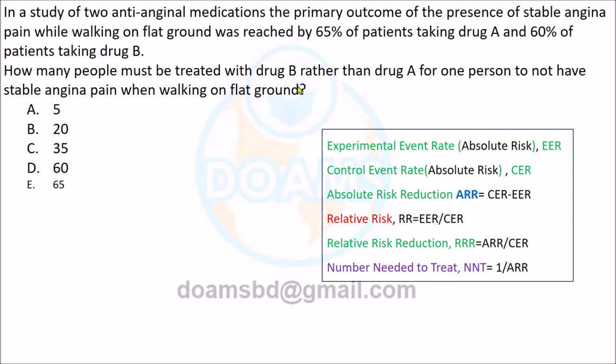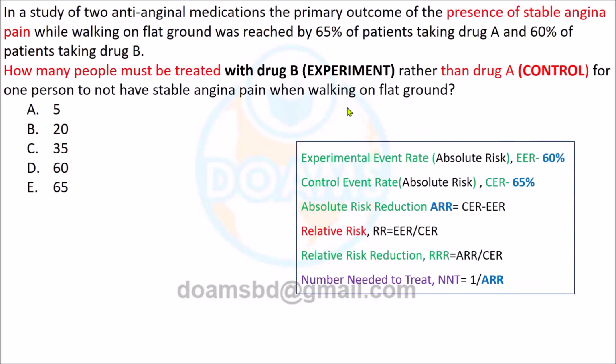B. Doctor? If the experiment is B, it is 60%, is not it? Yes. And control is 65%. Just remember up to this, we are going to the next page. So experiment is 60%. The control event rate is 65%. Now calculate this way.